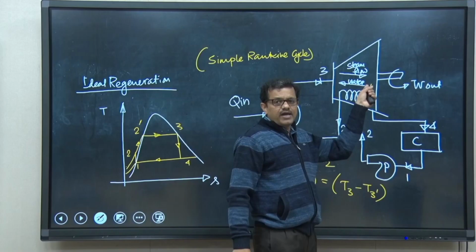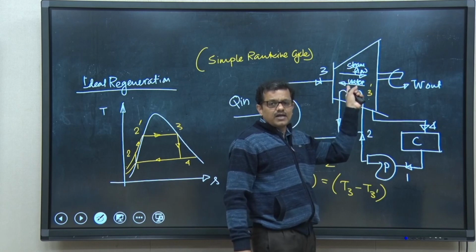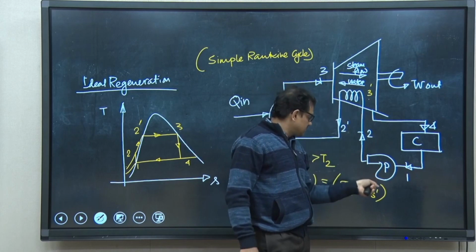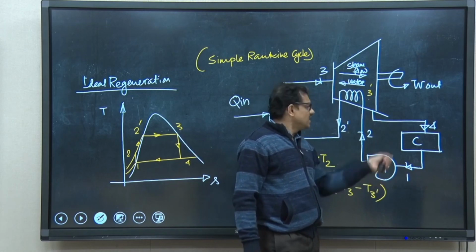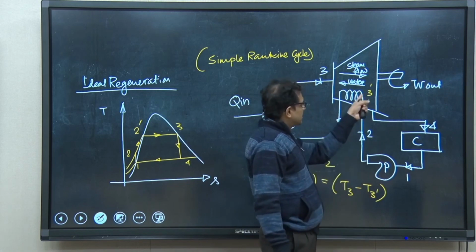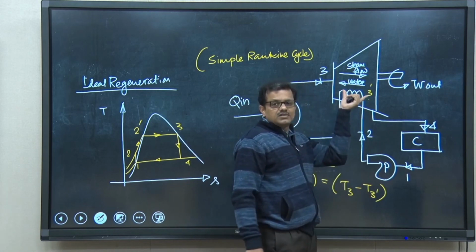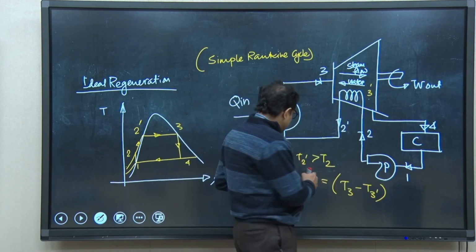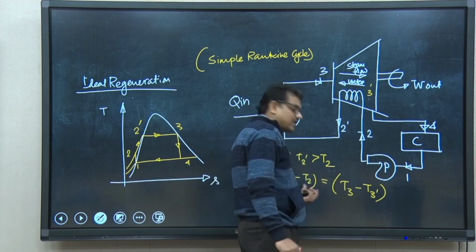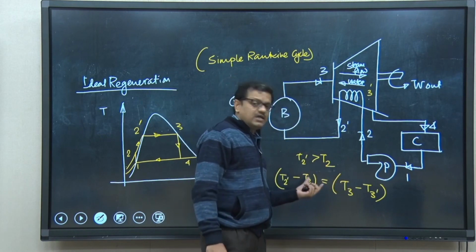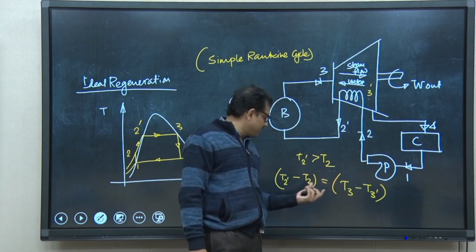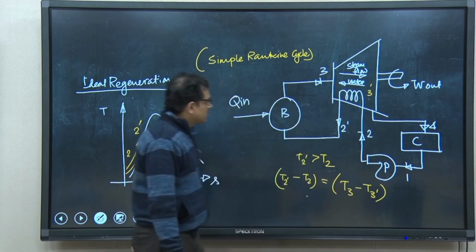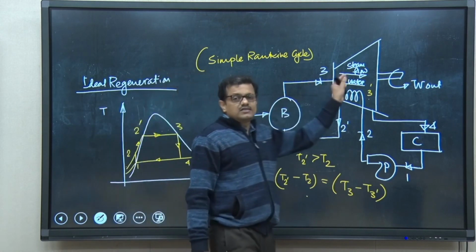So, the 3 prime state point should be inside the turbine, wherein the temperature would be less than T3, but this 3 prime temperature should be even greater than T4, depending on the location of this coil. So, this amount of heat, if we would like to increase the temperature of water by this delta T, will come from the flowing steam, right. So, we can assume the process is reversible.